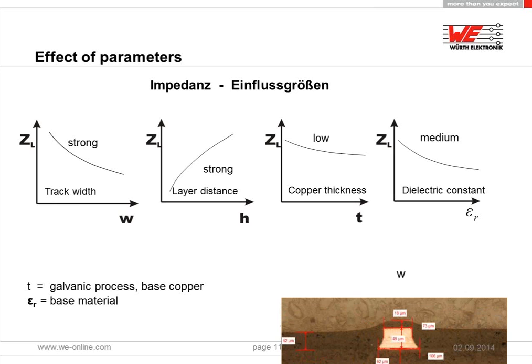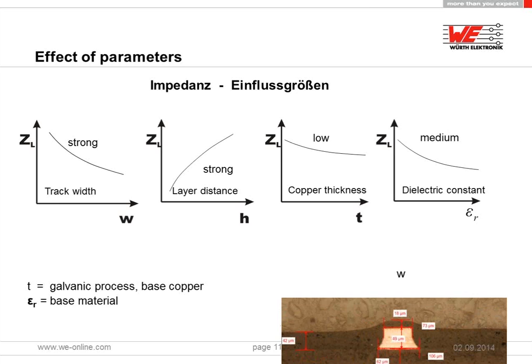So for flex rigid, the thickness of the flexible material polyimide has to be regarded, and this has also a very big impact on the impedance value. So the option C, out of my view, is the correct answer in this case.